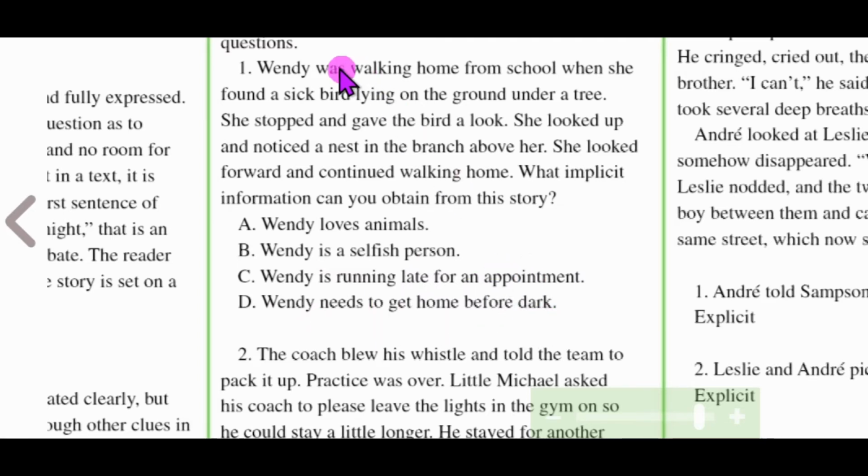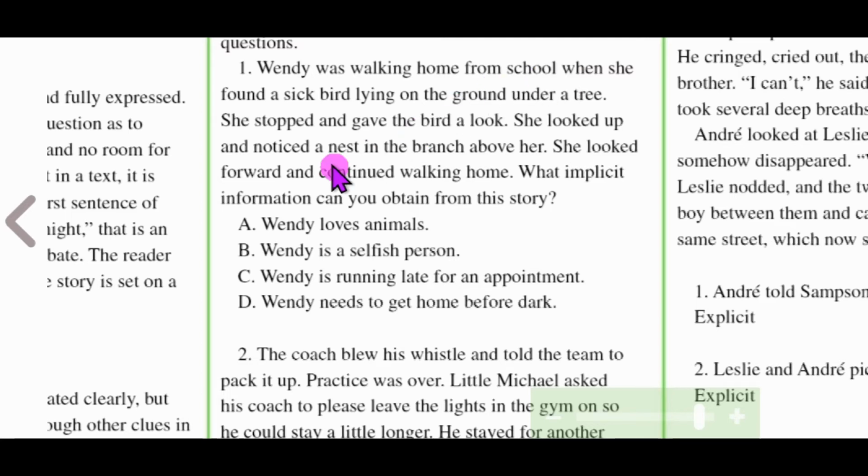We know that she's walking home from school, so she's on her way home from school. And typically school ends at about 2:30. She could have stopped at lessons or training for the track team or something. We don't know, but school is over, and generally after school is over, we head straight home.